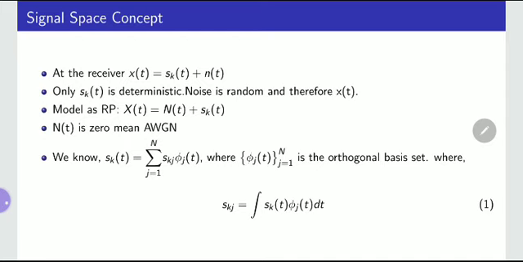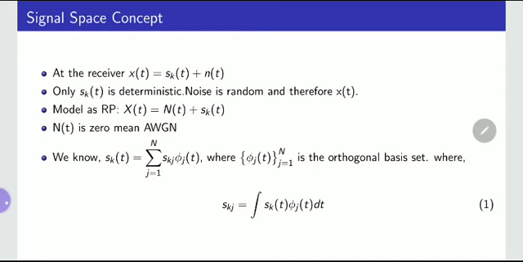And we have already seen that using the Gram-Schmidt orthogonalization process, this finite set s_k(t) can be represented as a point in an N-dimensional signal space.